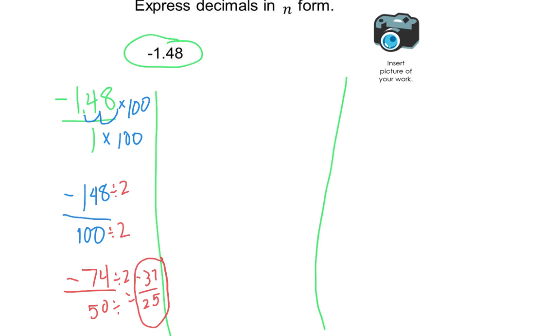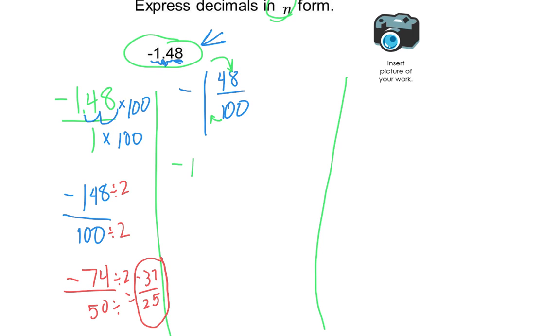Okay, second way is to write it as a fraction how you read it. How would you read this number? Negative 1 and 48 hundredths. So as a fraction, negative 1 and 48 hundredths. Okay, now I'm going to turn that into an improper fraction because in m over n form, they cannot be mixed numbers.